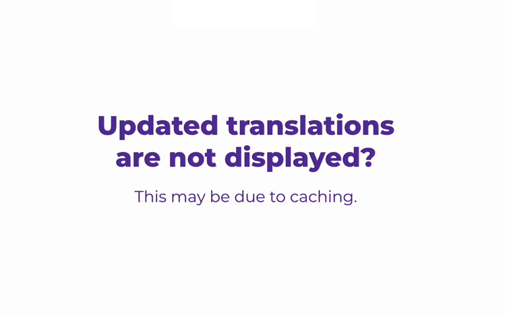In case the updated translation is not displayed automatically, this may be due to caching. We would recommend reaching out to your web operations team or to your Smartling representative for further guidance.